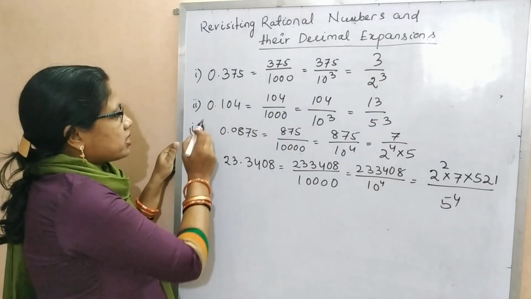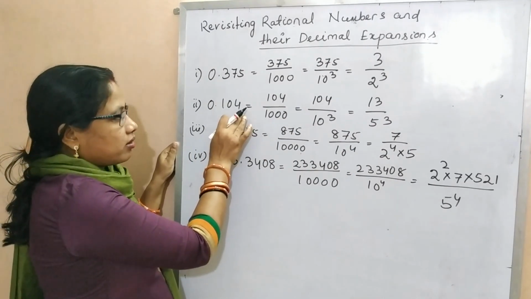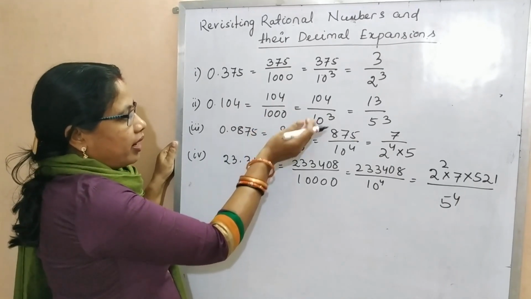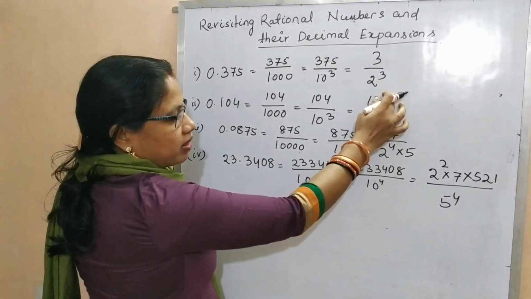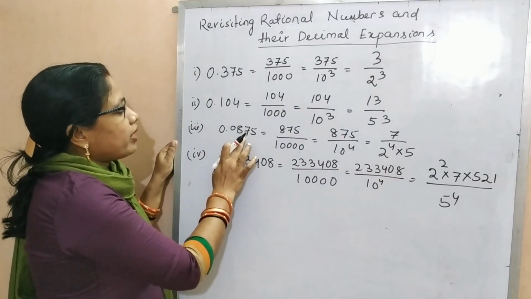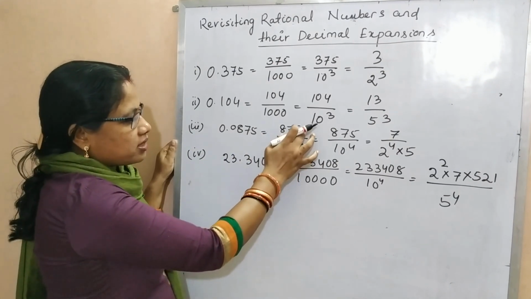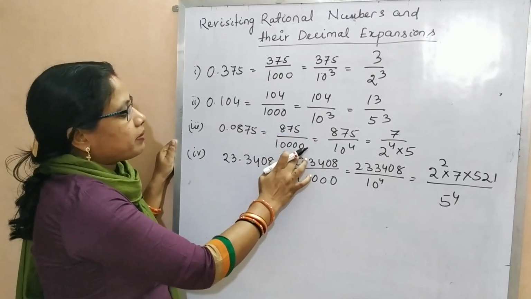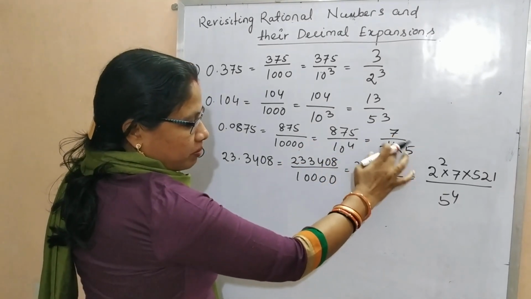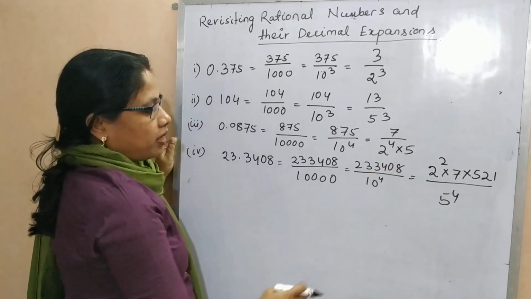Like this, 0.104, its rational conversion is 104 by 1000 and its lowest form is 13 by 5 to the power 3. Then 0.0875, its rational representation is 875 divided by 10,000 and its lowest form is 7 divided by 2 to the power 4 multiplied with 5.